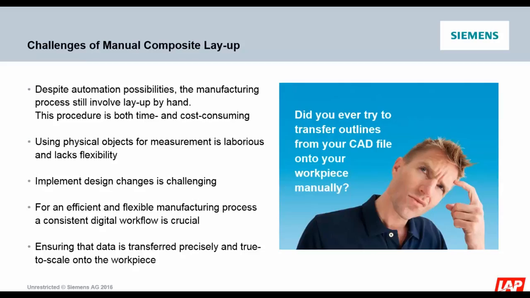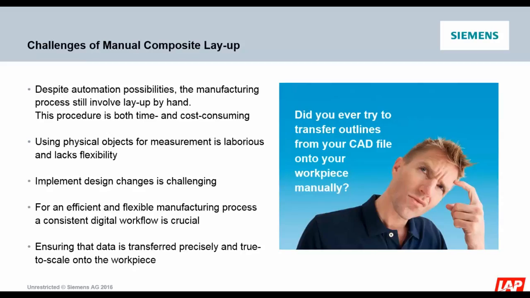From our standpoint, there are essentially 3 issues when it comes to layup on the shop floor, and all are about improving quality and increasing efficiency. When positioning large materials during production with composites, many companies use manual measurement methods for alignment. This procedure is very time and cost consuming and lacks flexibility, especially when changes have to be made.